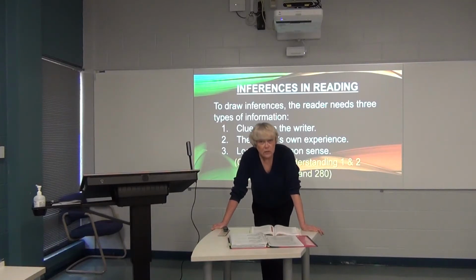Okay, let's look at each one of these. A, the professor was definitely a man. We don't know that. We don't have any evidence to support that. B, the professor did not believe students could punctuate the words correctly. We have no evidence of that also. But look at C. The professor knew there was more than one way to punctuate the words correctly. Is that an accurate inference? It is.